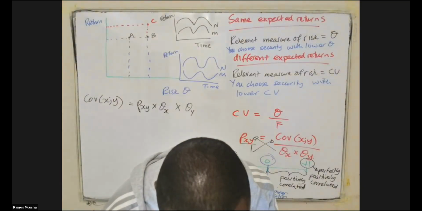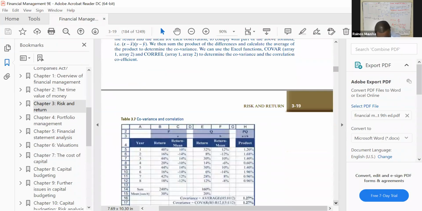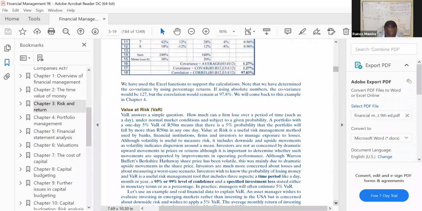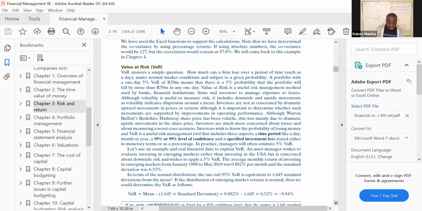Then, moving on, they give us an example, don't worry about it. The concept of value at risk. When I cover it with my students in market risk, we do cover it. But here, value at risk is also used as a measure of risk to assess different investments.